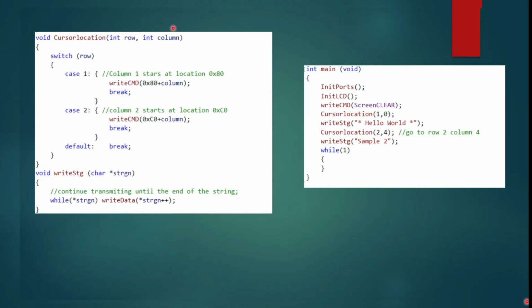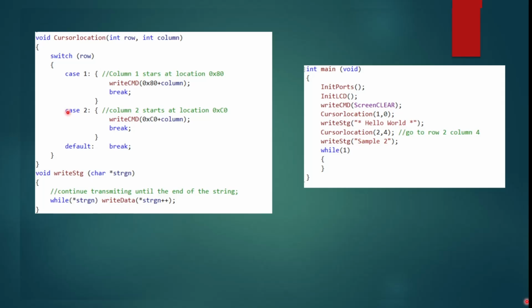Okay, here we have the cursor locations. We get the row and column where we want our character to start. According to the row, we can place it in row 1 or row 2. If it's in row 1, then we have to send the hex 80 command.